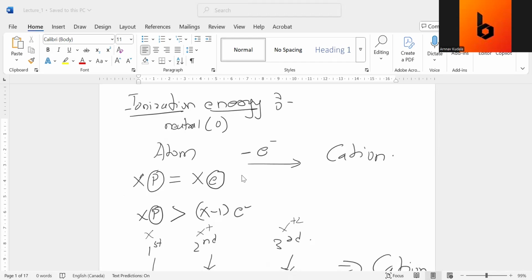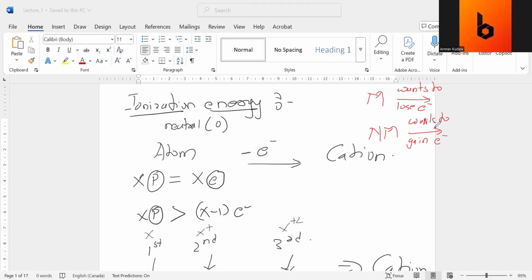Now we spoke about this metal, non-metal. So what I told you, if it is a metal, it wants to lose electron. Non-metal wants to gain electron.